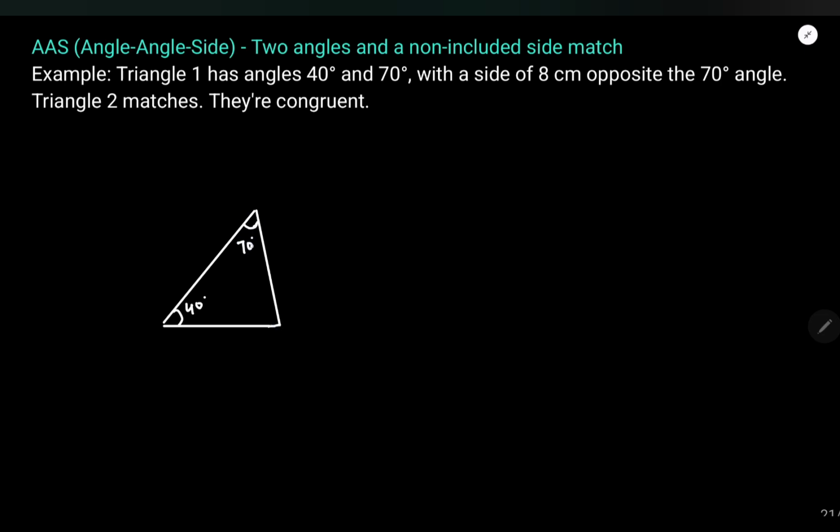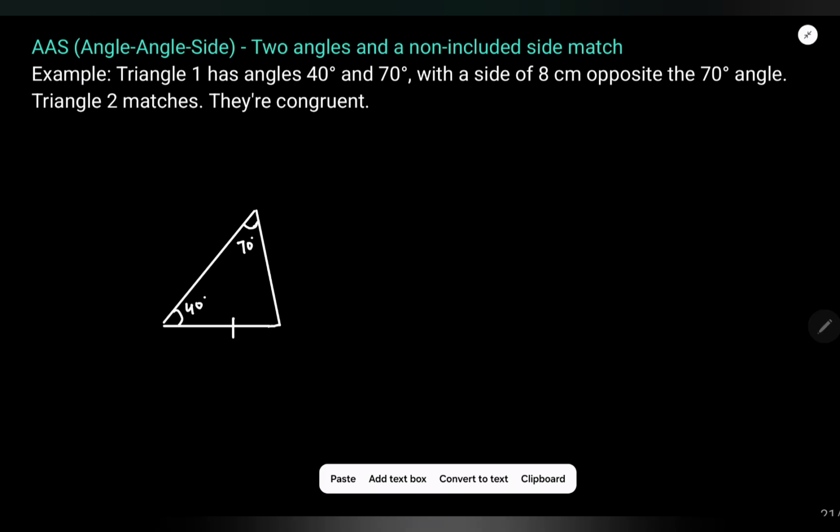Since two of the angles are equal and a non-included side matches, like this or this, then there will be only one possible way to draw the third side.